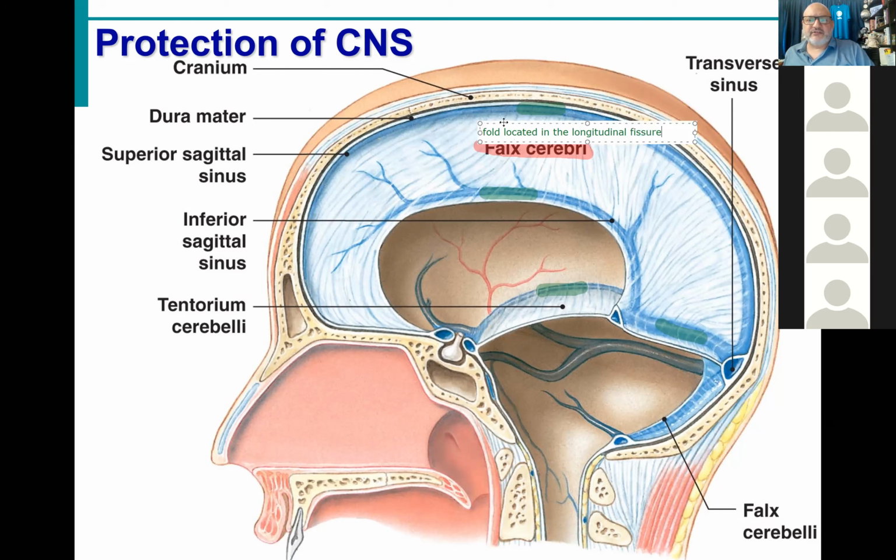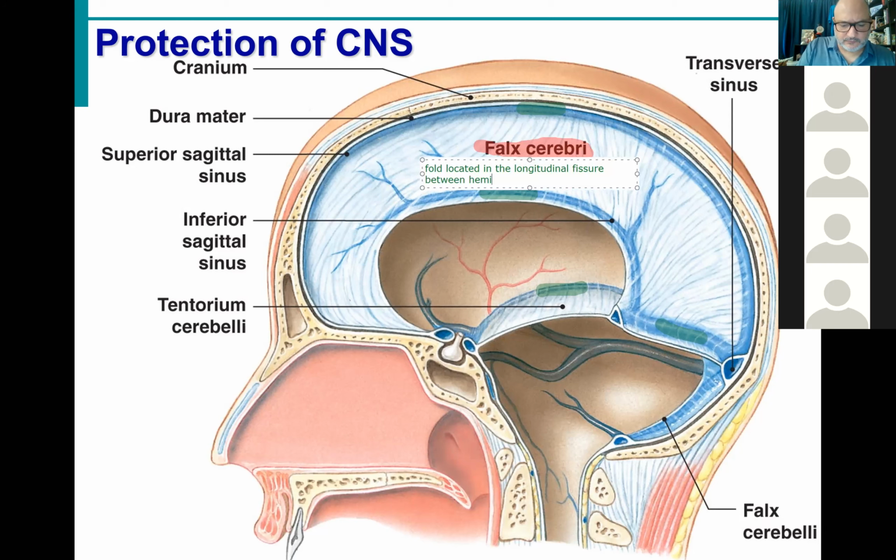So let's actually put that there too. We call that fold of the dura in between the hemispheres of the cerebrum in that longitudinal fissure, the falx cerebri.